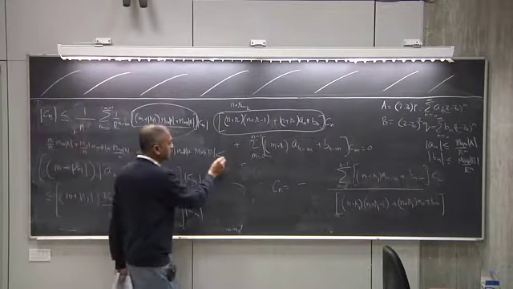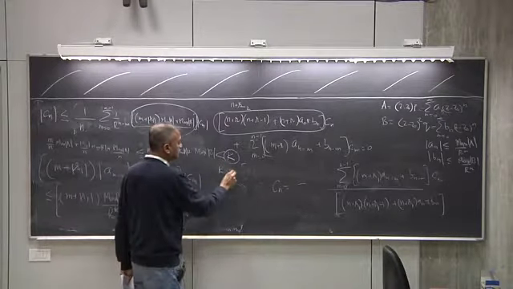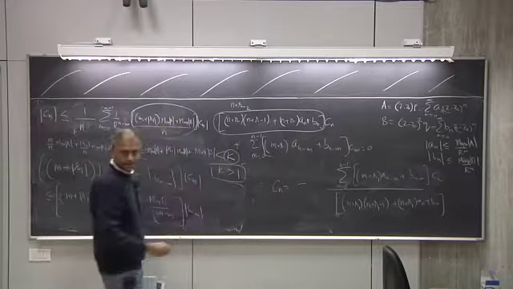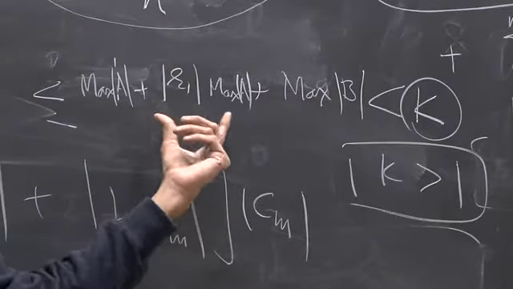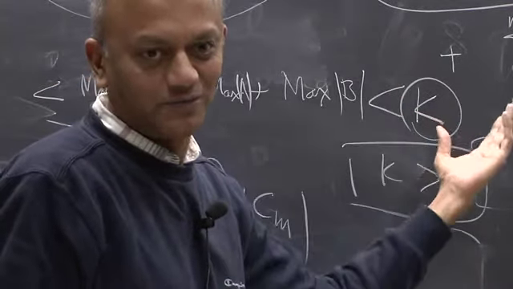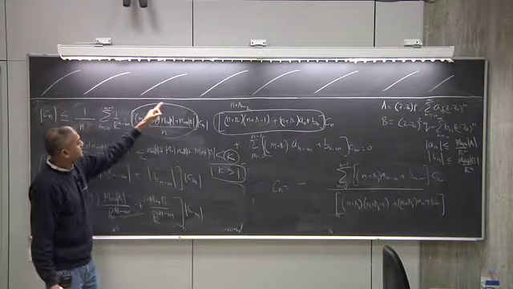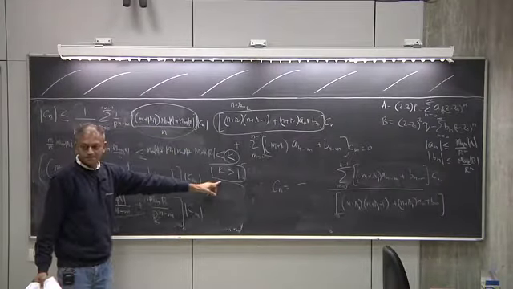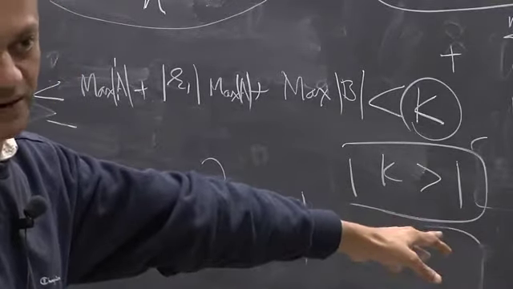So this is going to be less than some number kappa, which I can always take to be greater than 1. Suppose, for example, this was 0.1. Well, 0.1 is certainly less than 2. We are looking for an upper bound, so all of this is less than some kappa, where I can choose kappa to be greater than 1.